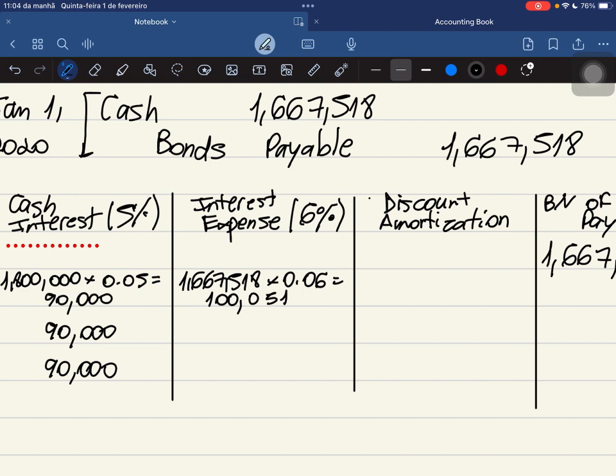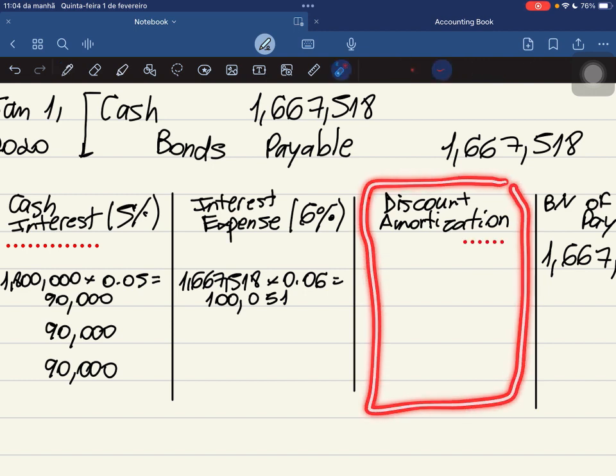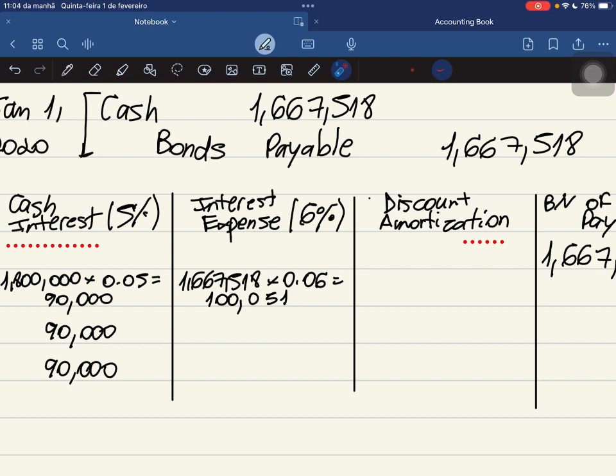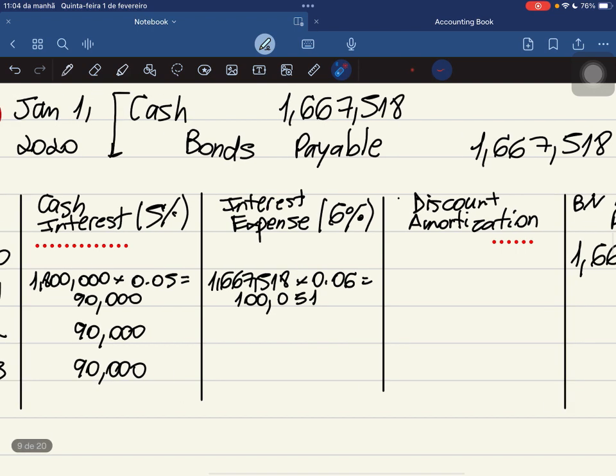Okay, discount amortization. Remember that in this column, whether you have a discount or a premium, these numbers can never be negative. So just subtract the smallest number from the biggest number, because it could never be negative. That gives us 10,051.